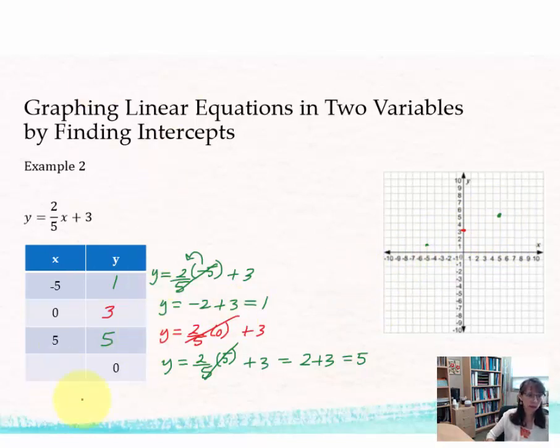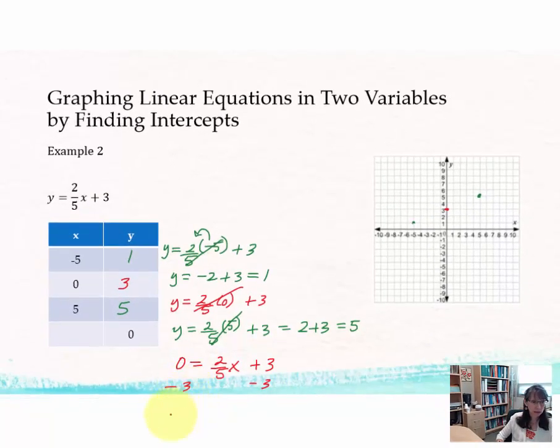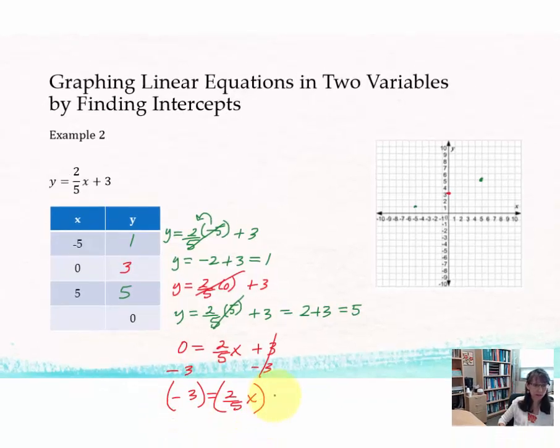And we have one more substitution because we have not found exactly where this line is going to cross the x-axis yet. So we're about to substitute 0 for the y value. Make sure you're substituting for the right variable. 0 equals 2/5 x plus 3. So I'm going to subtract 3 from both sides to get -3 equals 2/5 x. To eliminate the fraction, I could multiply both sides of the equation by our denominator of 5.